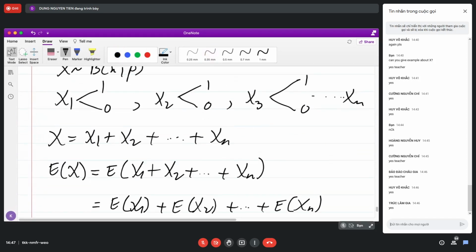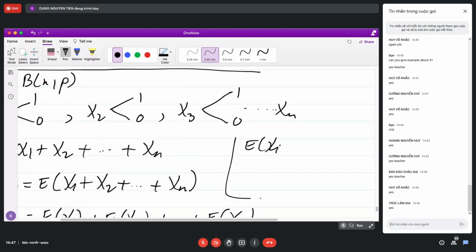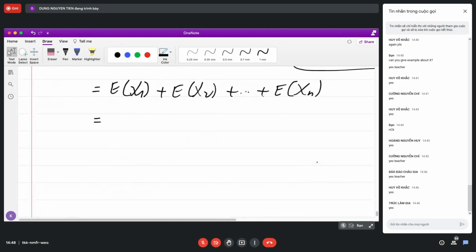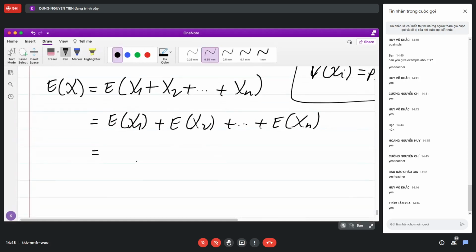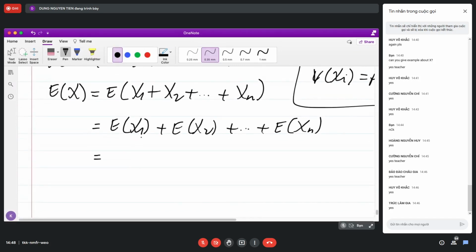As I mentioned before, the mean of xi is p, and the variance of xi is p times q. The mean of x1 is p, the second is p, and so on. All right. So the mean is n times p.